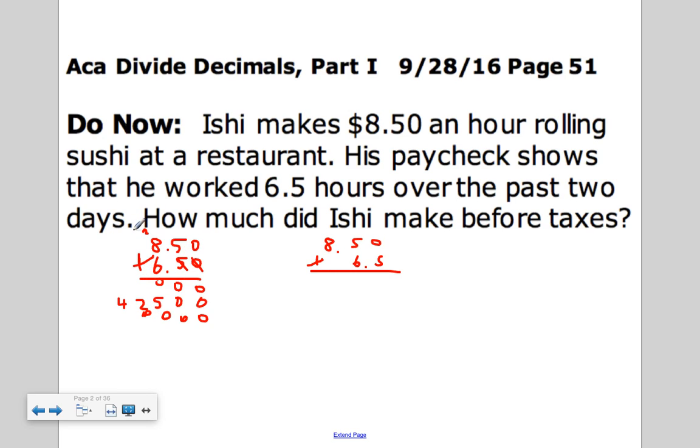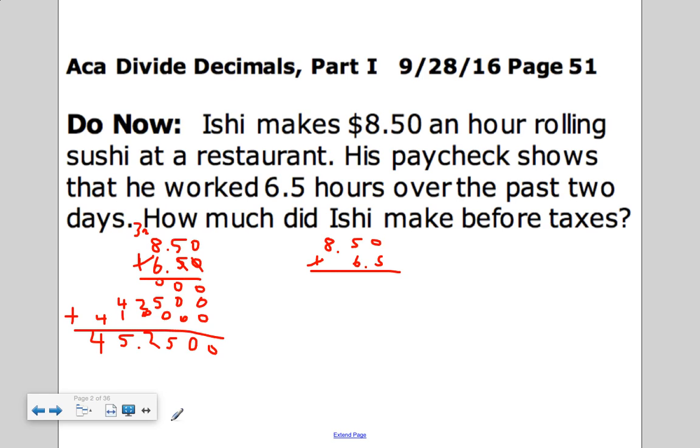Carry the 3. 6 times 8 is 48 plus 3 is 41. If I add up these 3 rows, I will get 0, 0, 5, 2, 5, and 4. There's 4 digits behind the decimal point, so right here. So he will be paid.